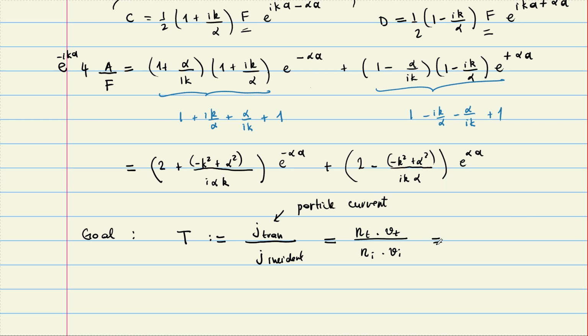So what is N transmitted? What is the density? We have the wave function psi. What is the transmitted? Right? Based on the Born interpretation of quantum mechanics, what is the density N of T in terms of psi? Psi squared, right?